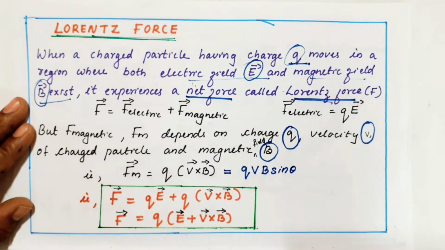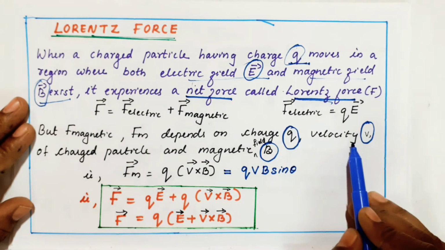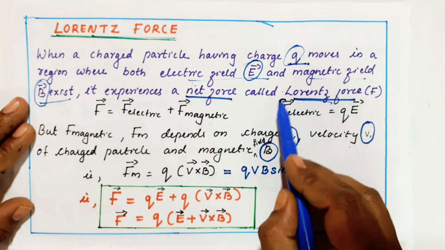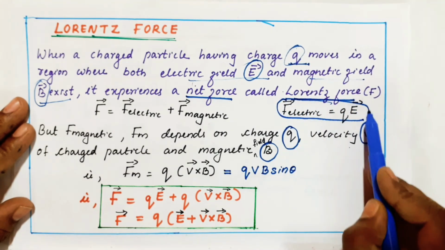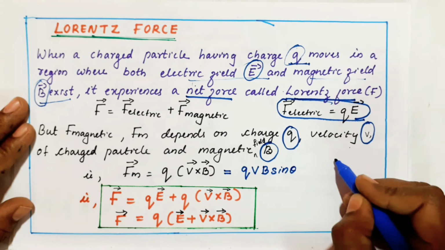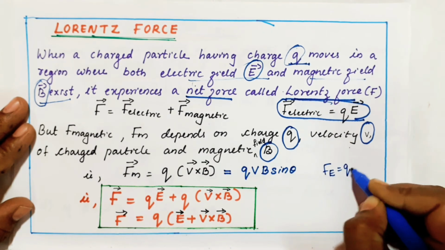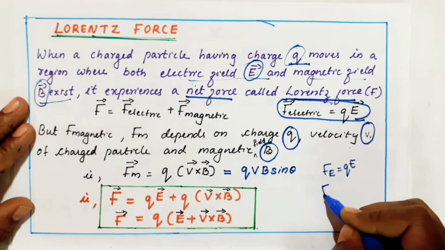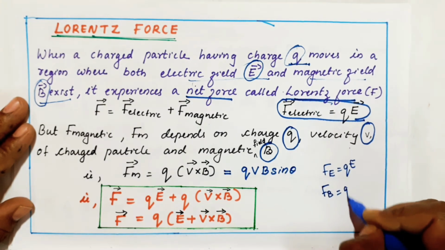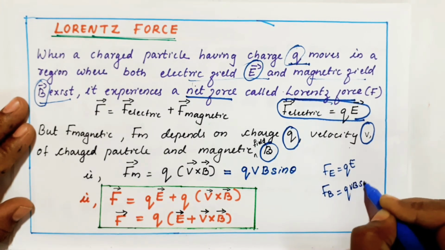Very important point. Magnetic force depends on the charge, velocity and magnetic field. So magnetic force exerted on a charged particle depends on velocity. But electric force we learned in electrostatics, F equals QE. So remember two main equations I am telling. Electric force equation is QE and the magnetic force equation is QVB sin theta.